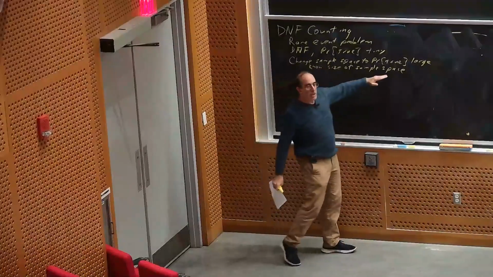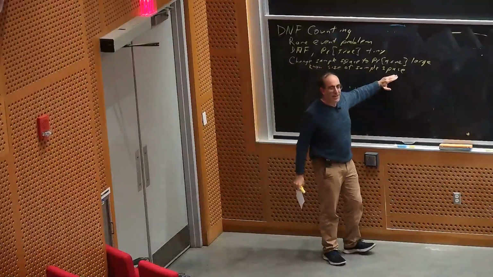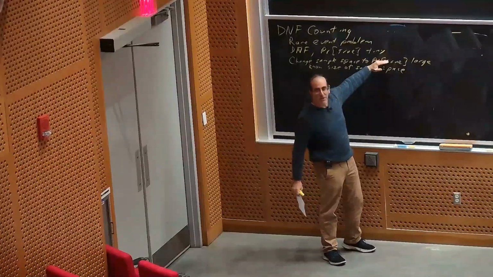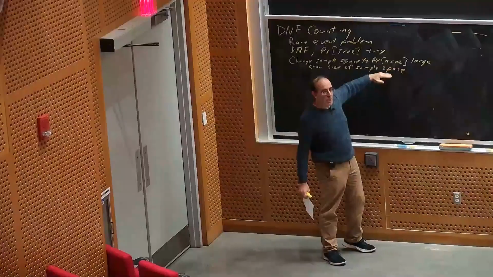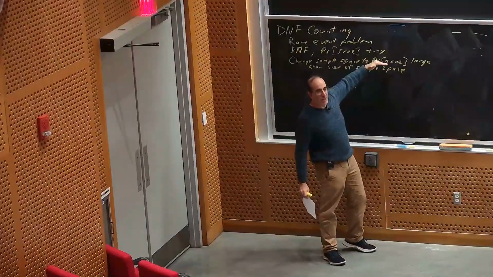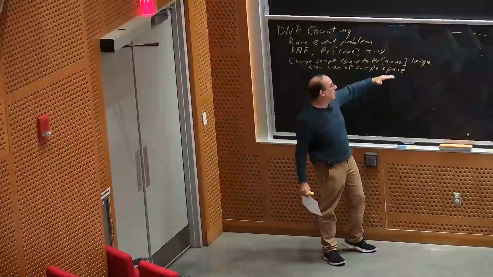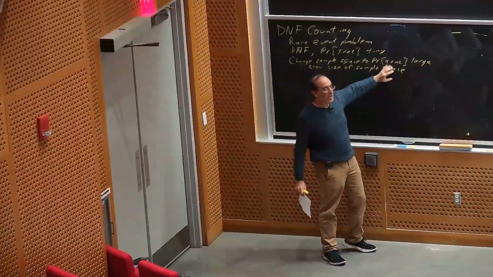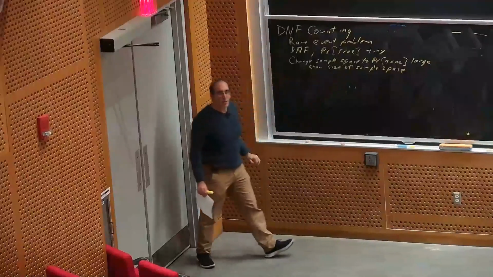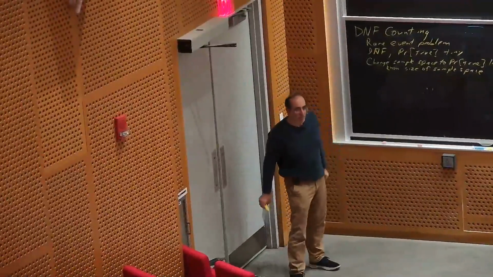If we know the number of points in the sample space, assuming uniform sampling, and we also know that the probability of truth is large, then we can count the number of true items by using standard sampling to estimate the fraction of true items and then multiplying by the number. So really, this is all that we needed, was a sample space where the true occurrences are large enough.